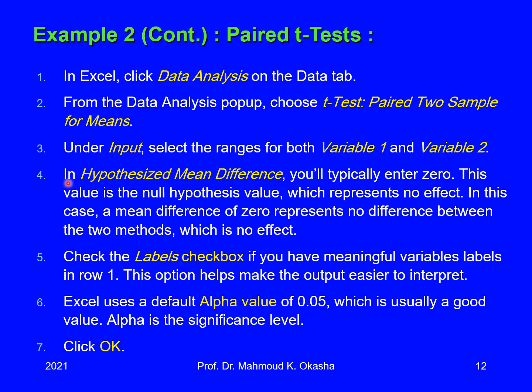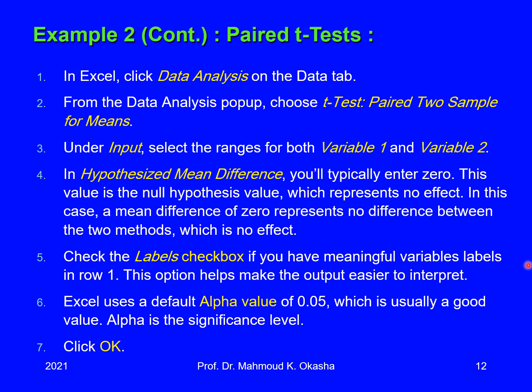The fourth step, you have the hypothesized mean difference. You will typically enter 0 because we want to test whether the means are the same or different. So mu1 minus mu2 equals 0, or greater than 0, or less than 0 actually. Right? This mean difference of 0 represents no difference between the two methods, which is no effect.